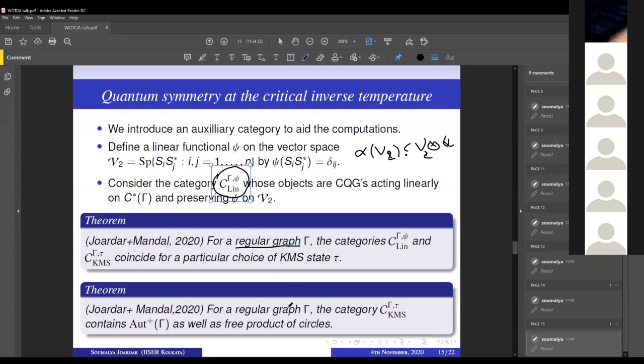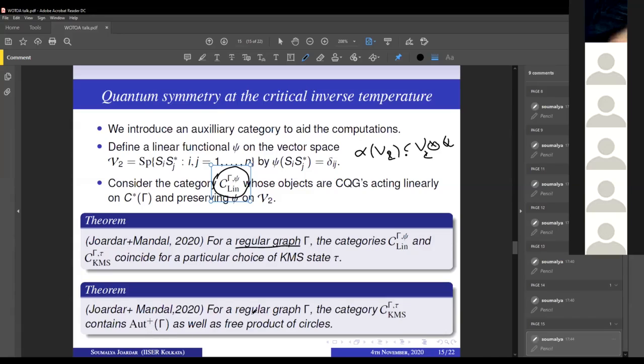And it can be proved, and it was actually observed earlier in a paper, that this category C gamma tau KMS contains the quantum automorphism group of the underlying graph, not the graph system, the underlying graph, as well as the free product of circles. They are contained in this category. What was observed is that these two objects, the quantum automorphism group of the graph and the free product of circles, actually coact on the graph system.